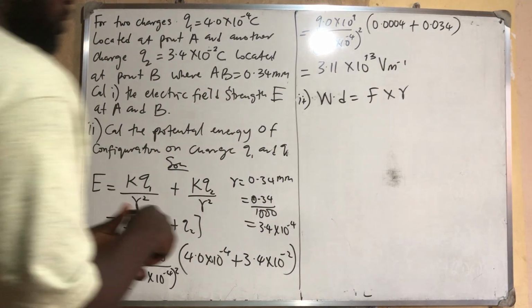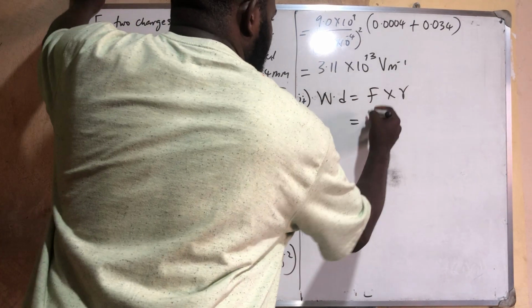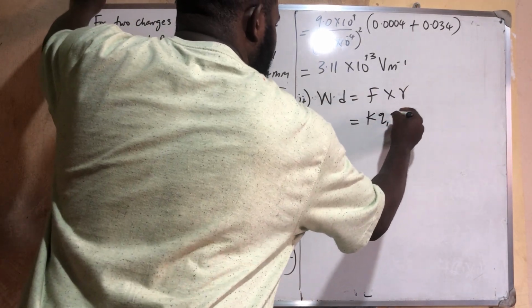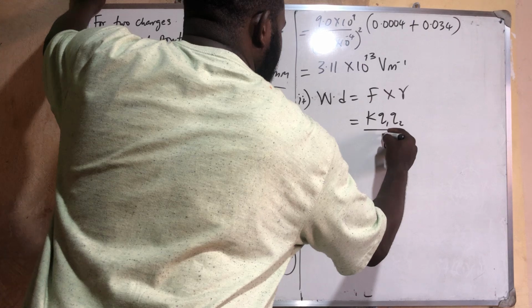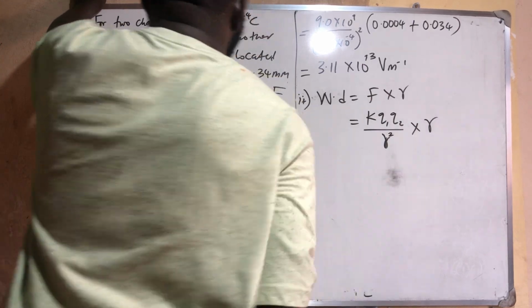And what is your force? Don't forget that my force is KQ1 Q2 all over R squared, times the same R again, the distance.